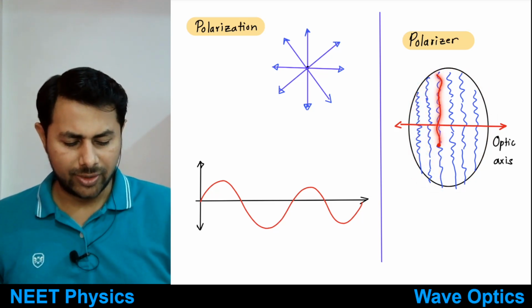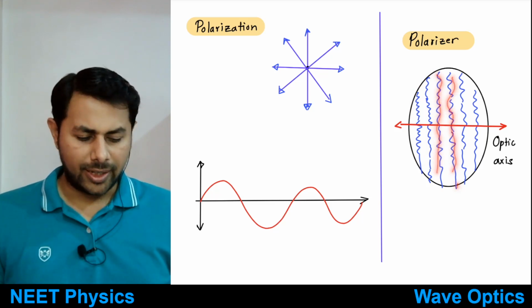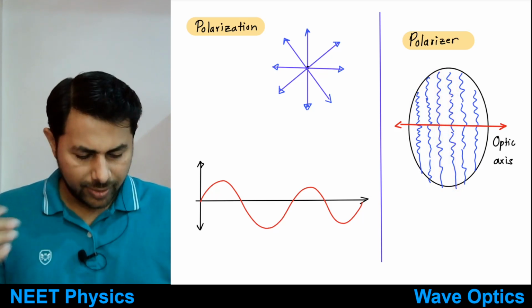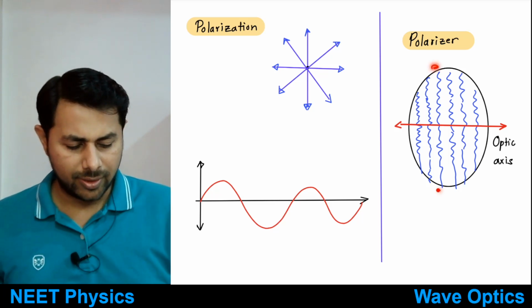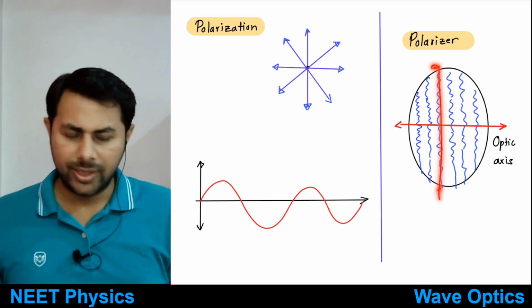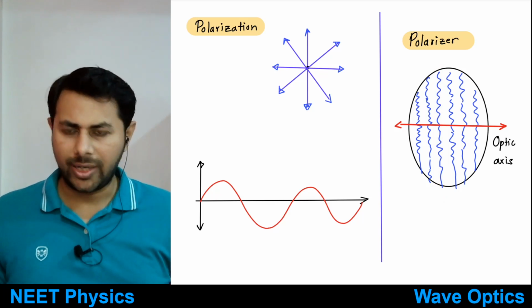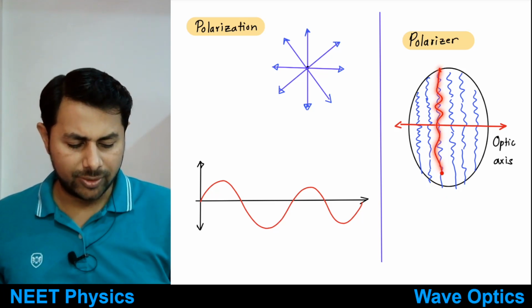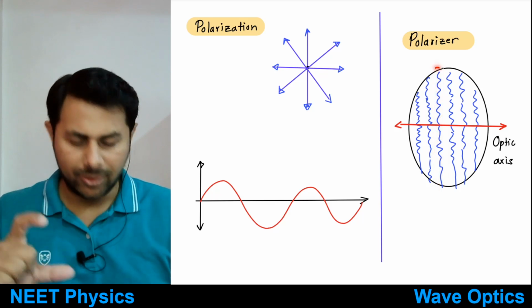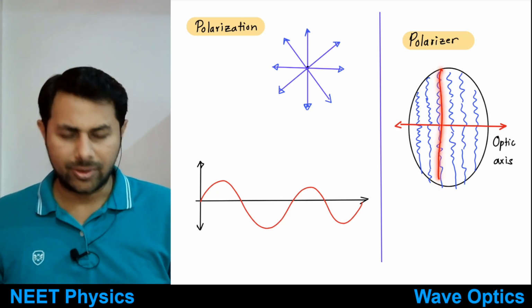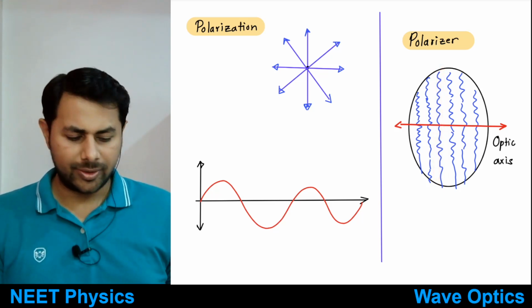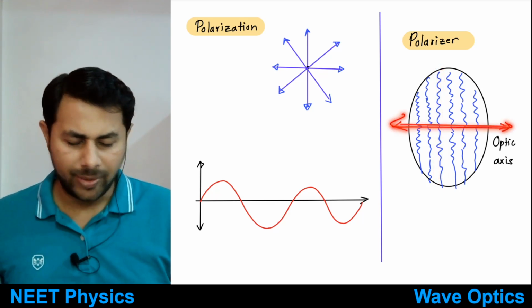Now what will happen if you apply some electric field parallel to the direction of the chain? Then some current will flow through the chain. So that component of the electric field would be absorbed, and then this other component would be allowed to pass.